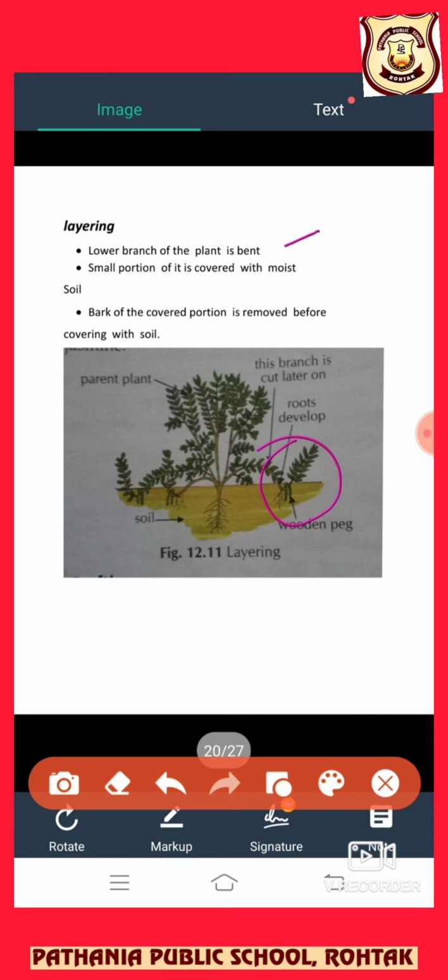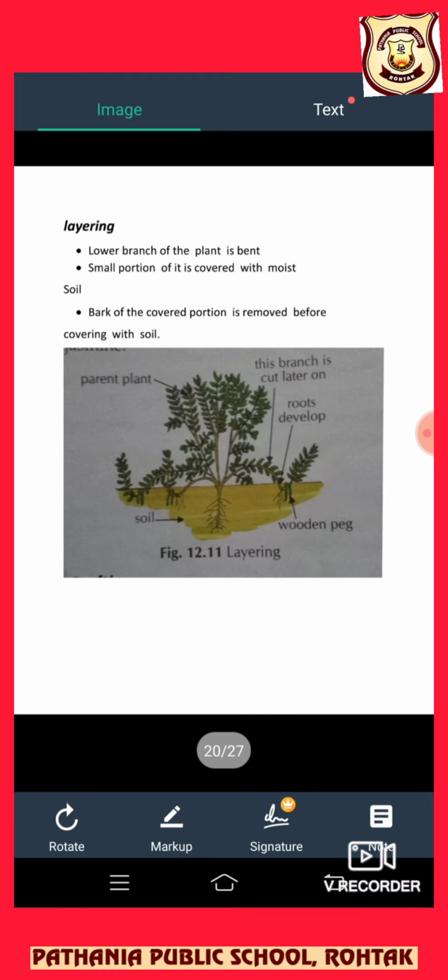The bark of this covered portion is removed before covering it in the soil. So please remove the bark first and then grow it in the soil. These are the important points that you have to take care of when you are doing the layering method with the jasmine plant.